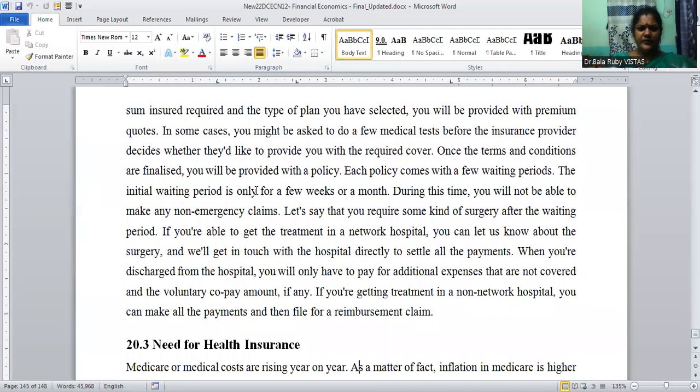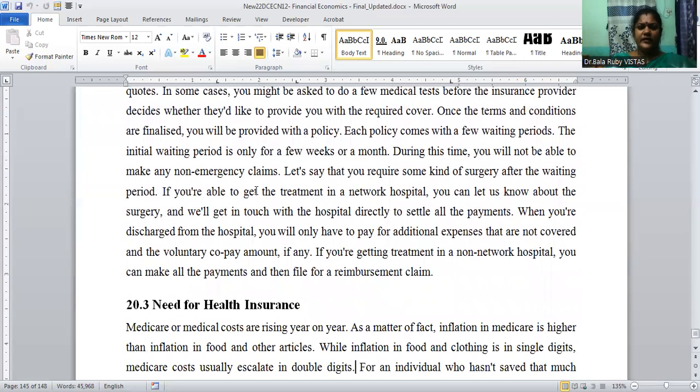If we are able to get the treatment in a network hospital, we can let the insurer know about the surgery, and they will get in touch with the hospital directly to settle all the payments. So when we are discharged from the hospital, we will only have to pay the additional expenses that are not covered and the voluntary copay amount, if any.